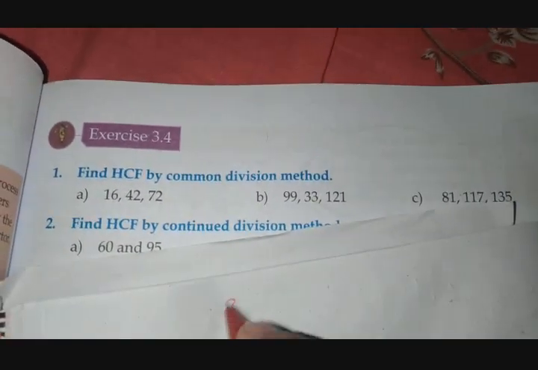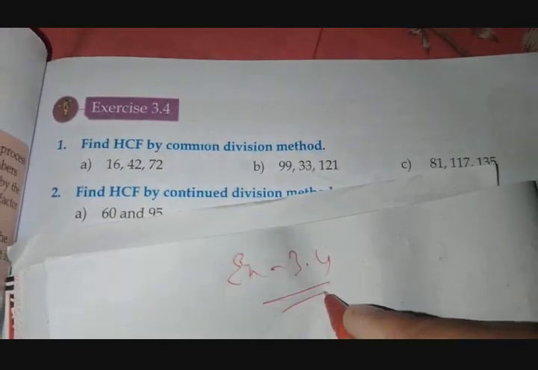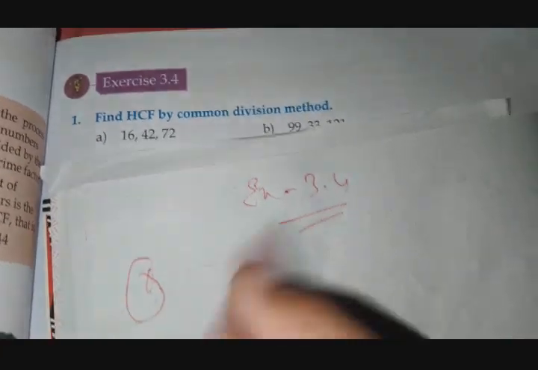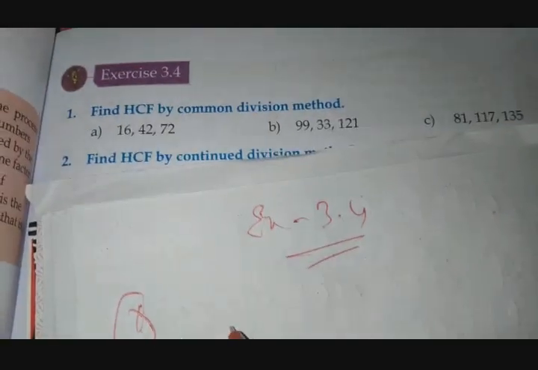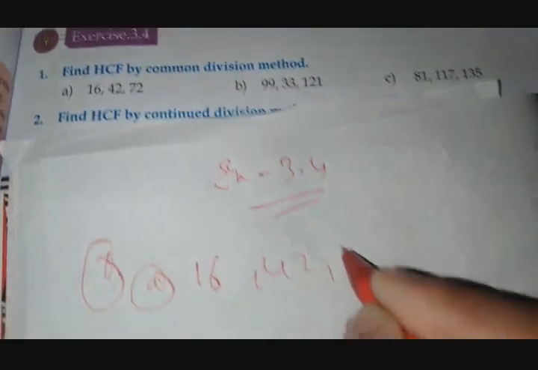In this we are going to learn this chapter. Now see the exercise. Now we will learn exercise 3.4. See number 1. We have to find the HCF by the common division method. That means 16, 42 and 72 are given.